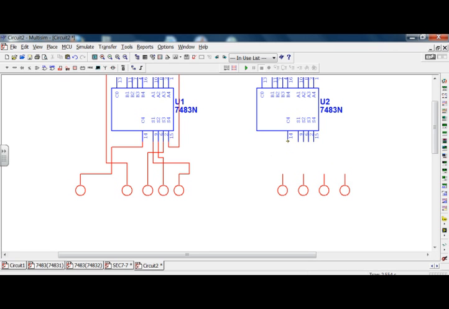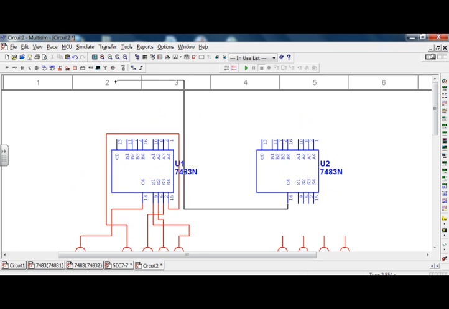This carry has to go to the carry in. So we'll go to the carry in, and he's going to go there, and there. Are these the same pin numbers we had on the other guy? There. And there.